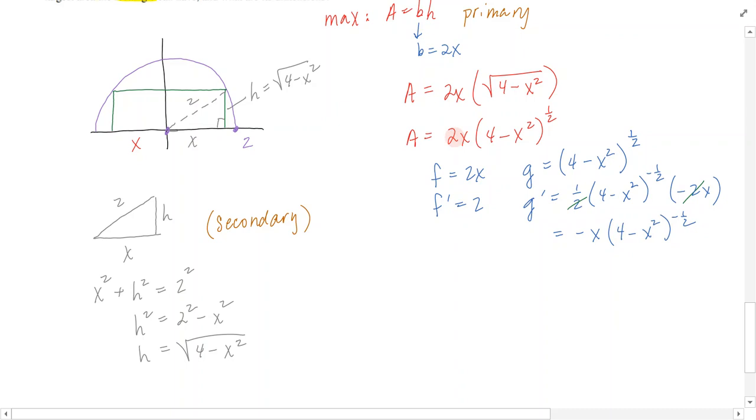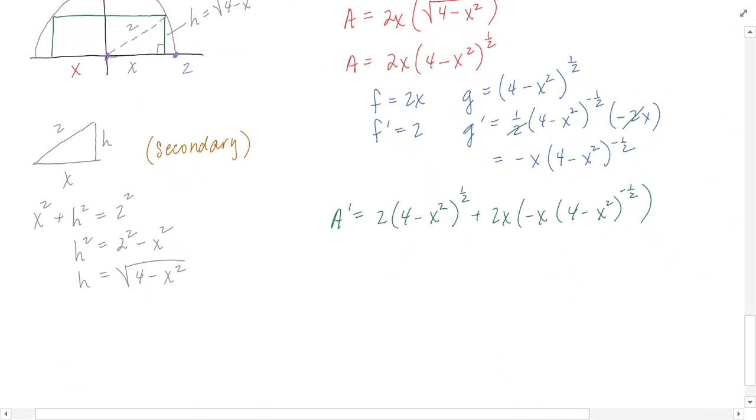And now I can put this together. So the derivative of A is going to be 2 times 4 minus x squared to the positive 1/2 plus 2x times negative x times 4 minus x squared to the negative 1/2.